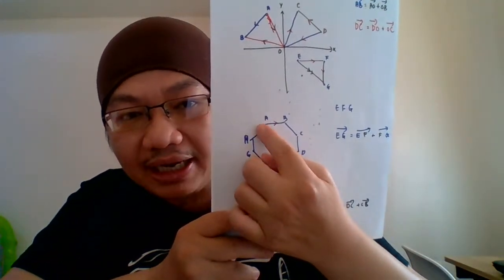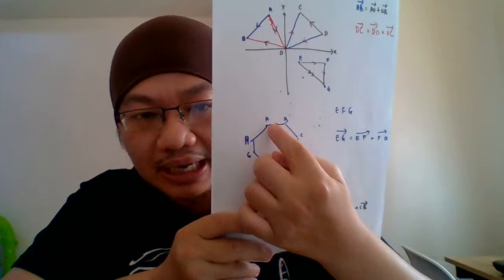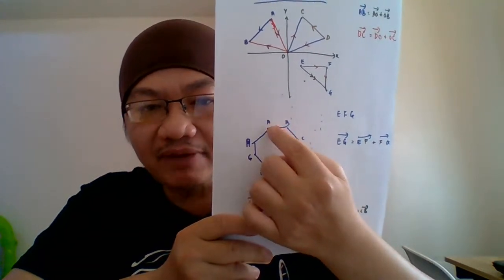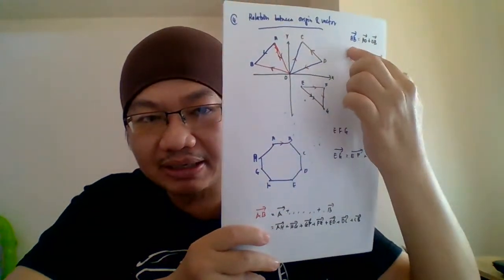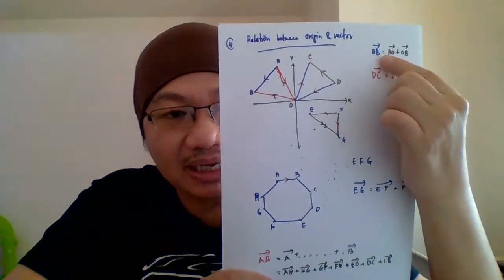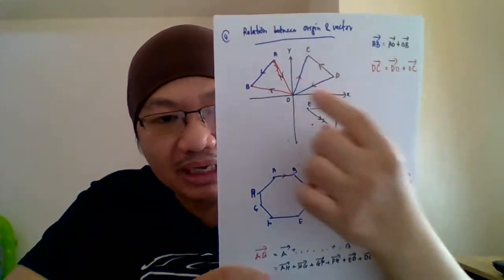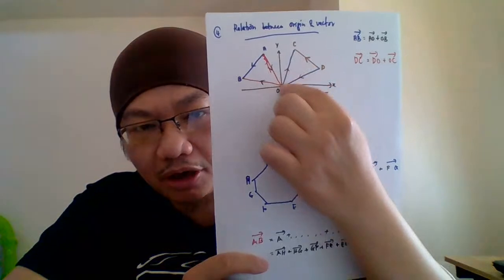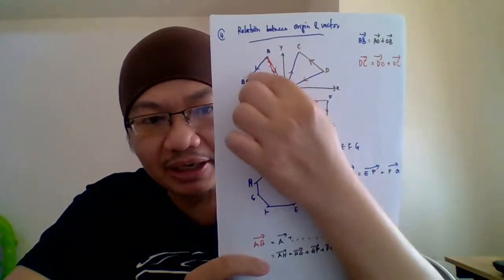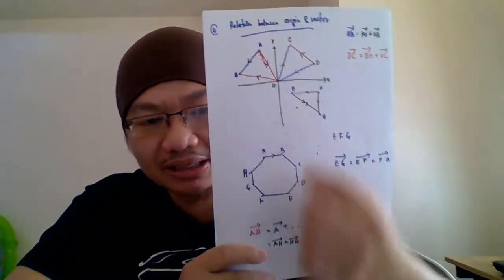I want to find the vector AB. To find the vector AB, it must form a closed shape. Like AB equals AO plus OB. Vector AB must produce a closed shape, an enclosed shape.